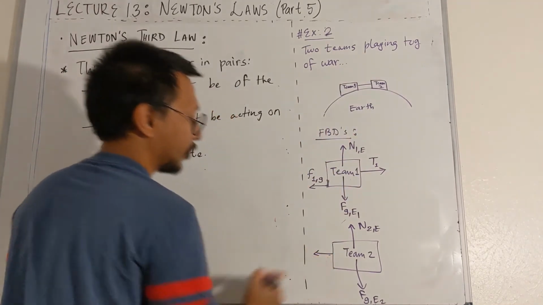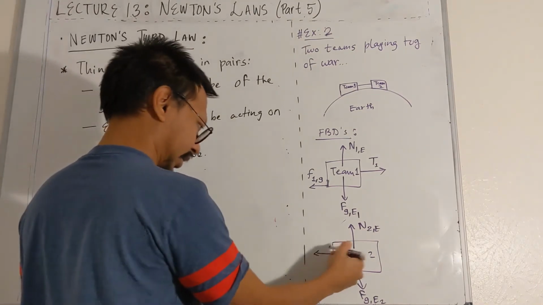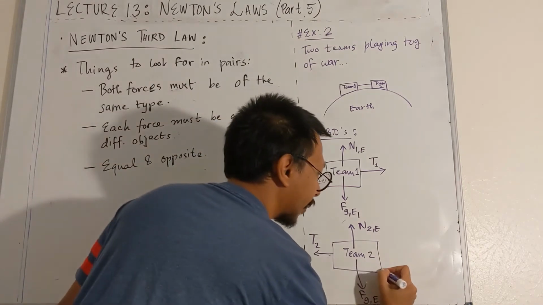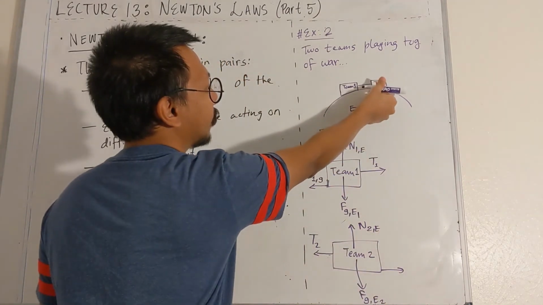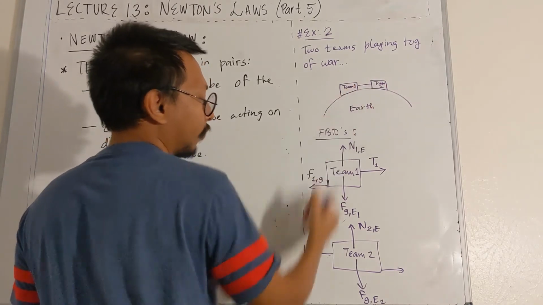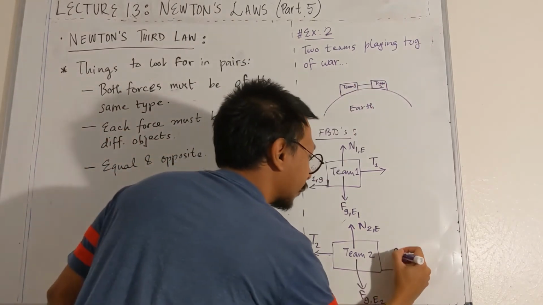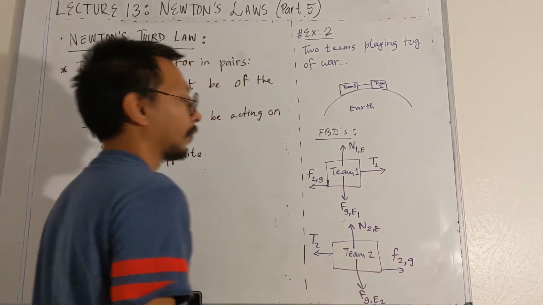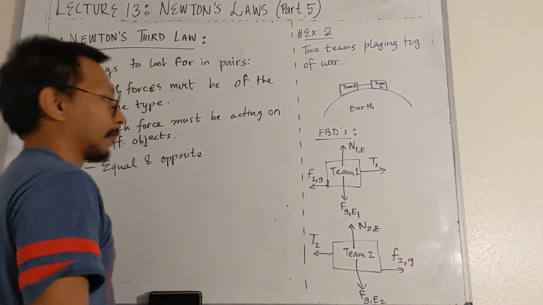So the tension force, which is a pulling force, will be directed to the left, and we call this T2. And the frictional force, because team 2 will be forced to slide in the leftward direction, the friction force F2 by ground will be directed to the right.